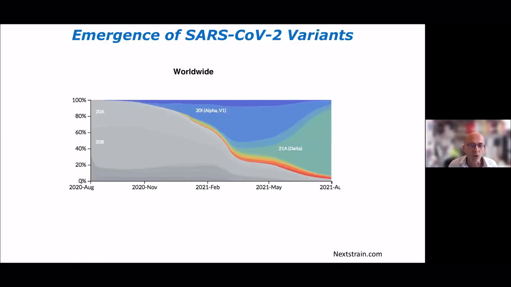So you all know that some SARS-CoV-2 variants emerged during the last year. The first predominant strain was the Alpha strain, which was first identified in the UK. But you are aware also that now the Delta variant is becoming predominant, and it represents, as of today, about 85% of the circulating sequence strains.